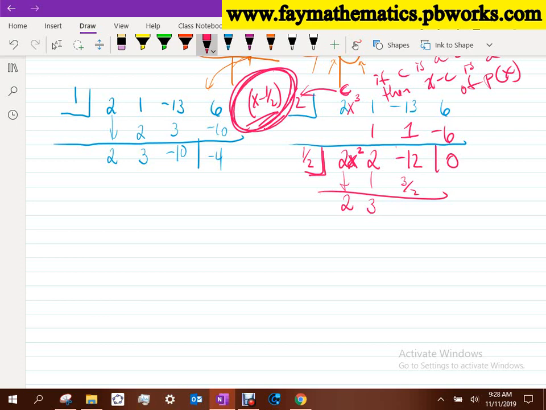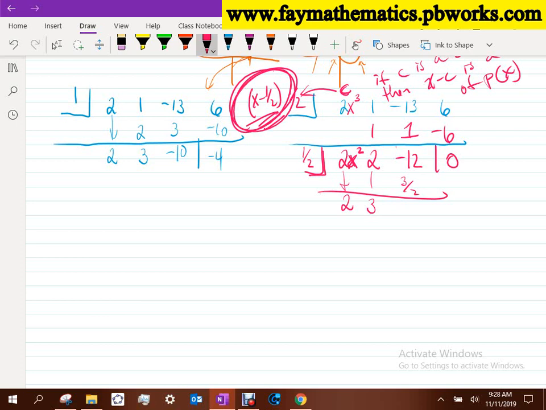Yes. Once you use P over Q enough to where your quotient line is quadratic, okay, that's what we got right here, right? 2x squared plus 2x minus 12 is quadratic. Don't use P over Q anymore because you're going to waste your time, okay?